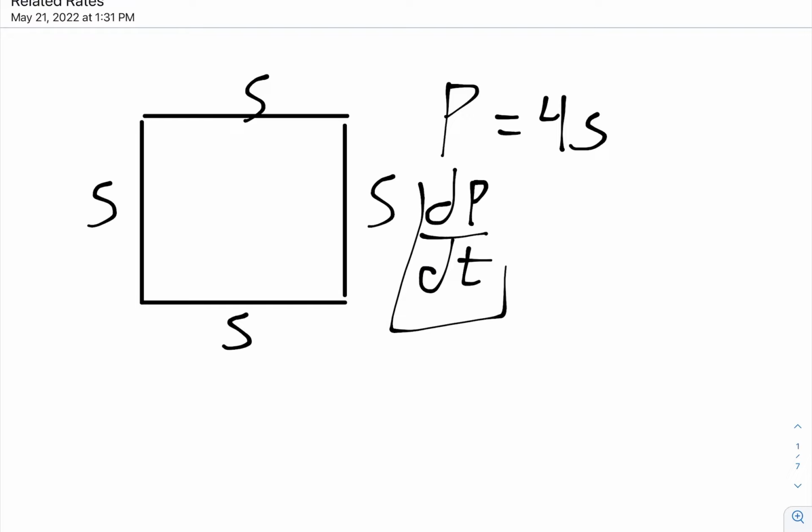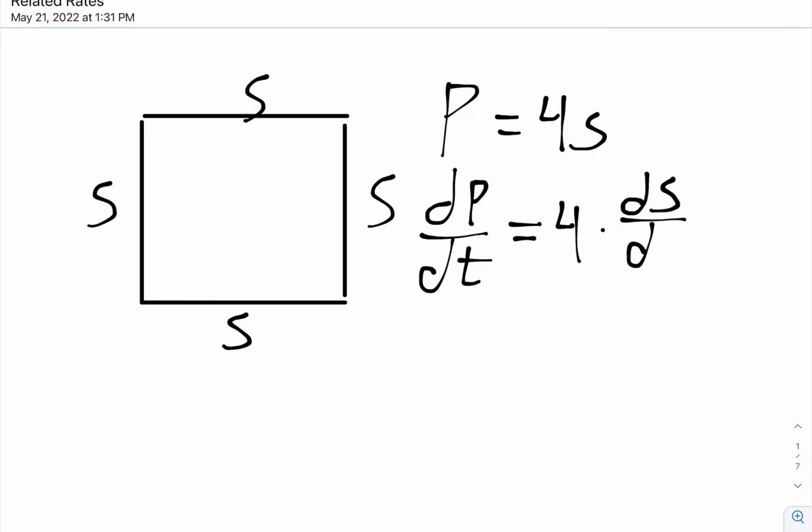So the rate at which the perimeter is changing is equal to, well, what's the derivative of 4S? We don't really know what S is, so we have to say 4, right? Because the derivative of 4 times a constant is 4 times the derivative of S with respect to t.